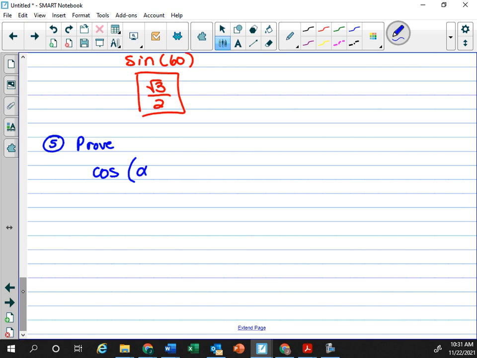Cosine of alpha minus beta over sine of alpha times sine of beta equals the cotangent of alpha times the cotangent of beta plus 1.